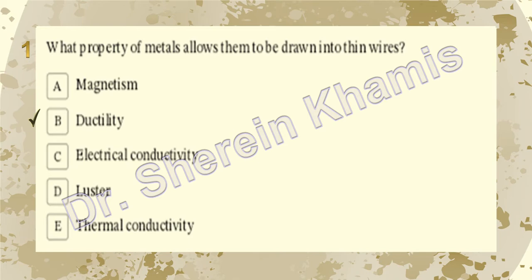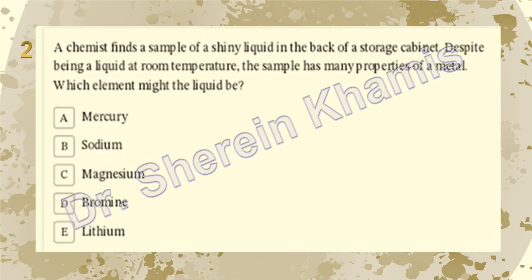Okay, let's go to question number 2. Question number 2 says that a chemist found a sample of a shiny liquid in the back of a storage cabinet, a liquid at room temperature. The sample has many properties of a metal. Which element might the liquid be?